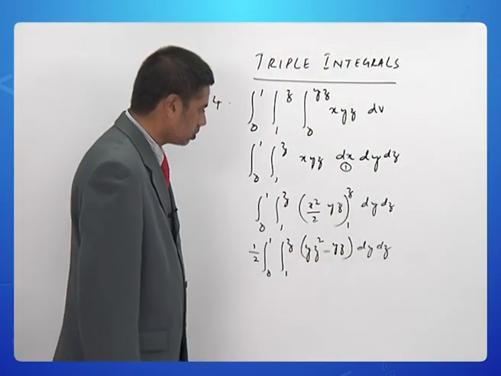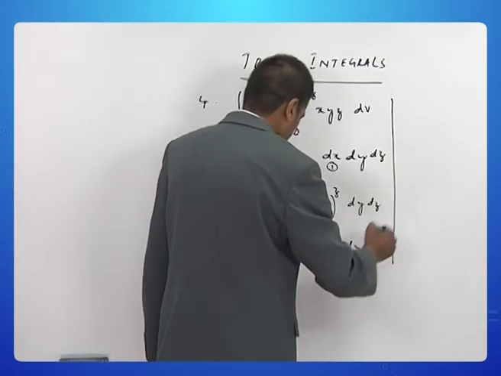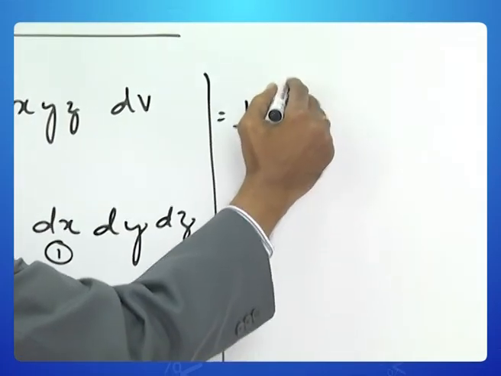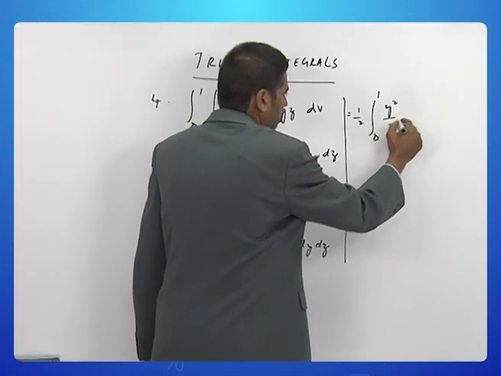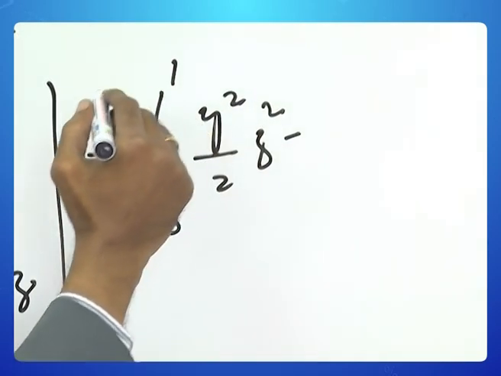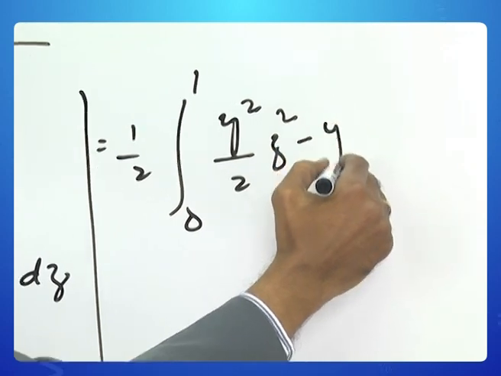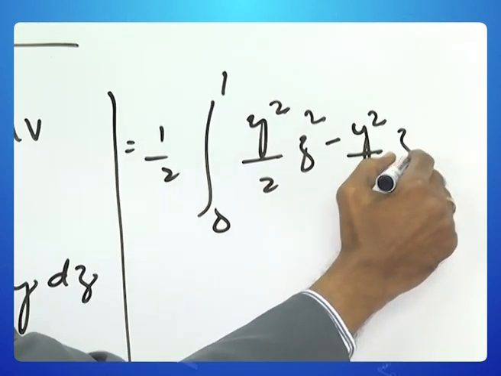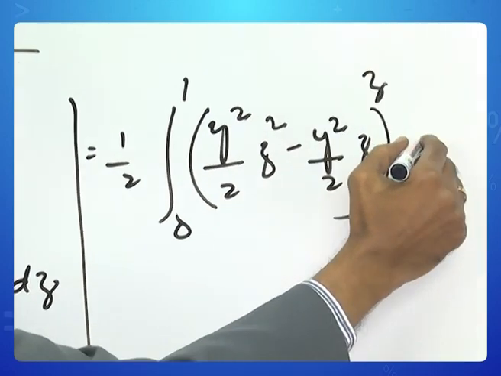So let's do the integration with respect to y. So this will be half integral 0 to 1, y square by 2 z squared minus y square by 2 z from 1 to z dz.